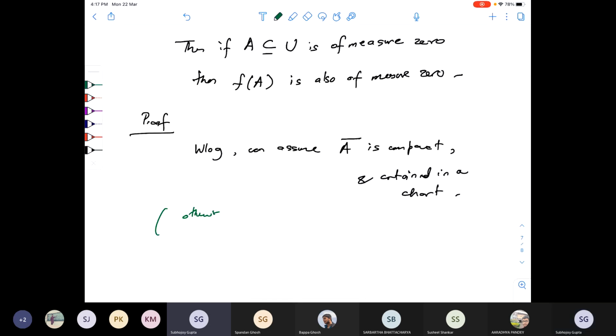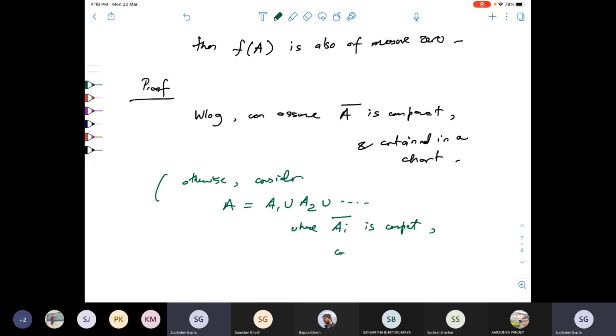Otherwise, just consider A as A1 union A2, etc., where each of these Ai closure is compact and contained in some chart Ui.